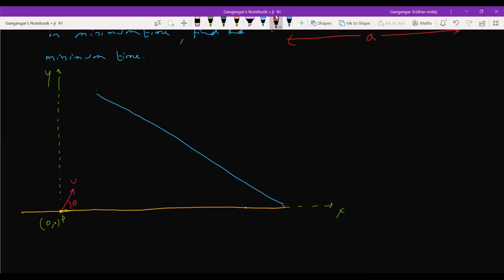Will it go straight? Will it just move vertically? No. If there is no inclined plane, it describes a parabolic path. So draw it like this, there's the path of it, and here it will come in.